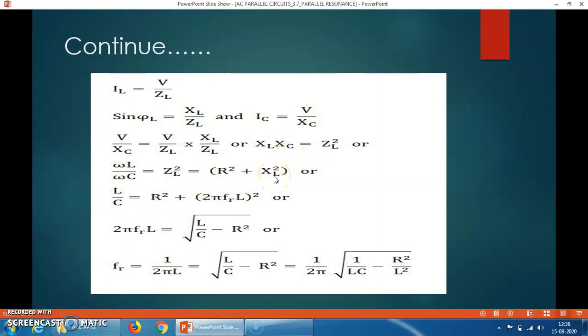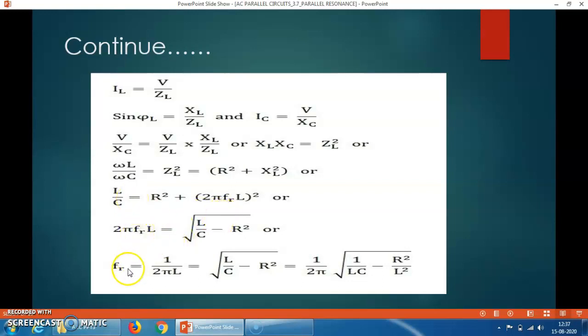Now XL is the inductive reactance. For the resonant condition, take FR instead of F, so R square plus (2 pi FR L) whole square. Now rearranging the terms, 2 pi FR L is equal to the root of L by C minus R square, because the term moves to the opposite side, so a minus sign comes in front of R square.